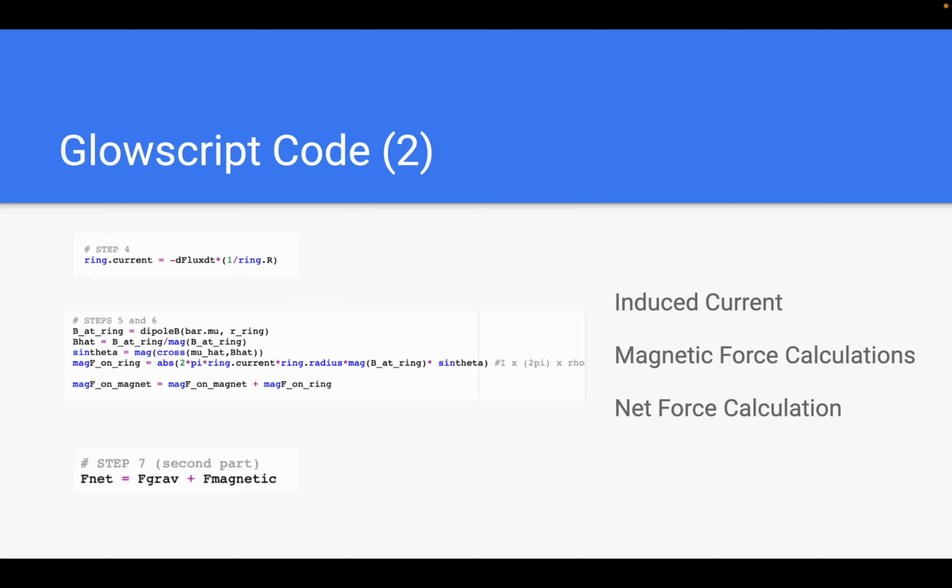In GlowScript 2, we see the induced current, the equation that I used to find it, and we see that we needed the flux. I also calculated the magnetic force, and the net force calculation is just F gravity plus F magnetic to find F net.